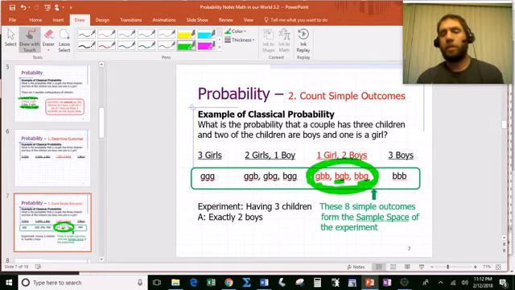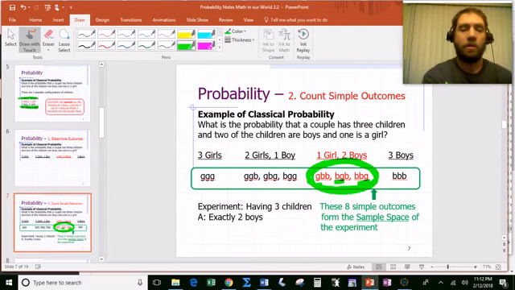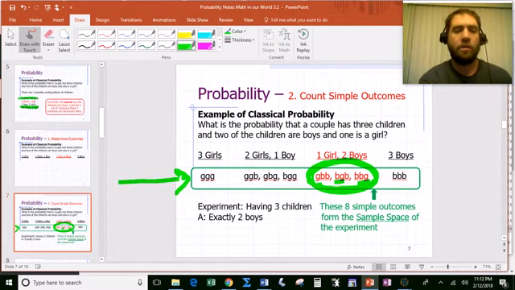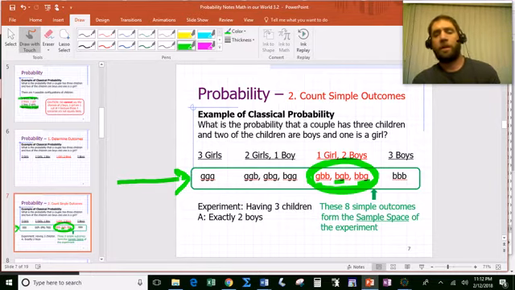So when we're calculating probabilities, we need to count two things: the number of ways your event could happen and the number of outcomes in your experiment. This is a term I briefly mentioned in the first section's notes, the sample space. This green box here, the list of all possible outcomes of your experiment, we call this the sample space.